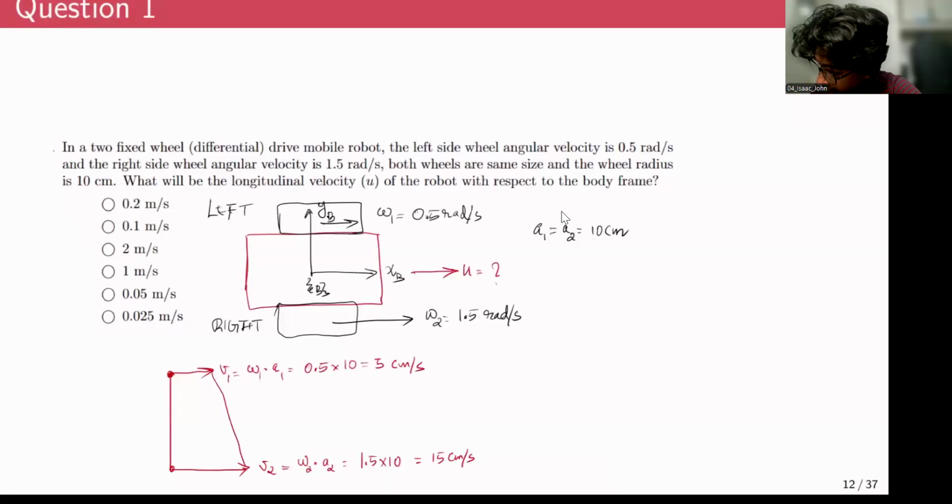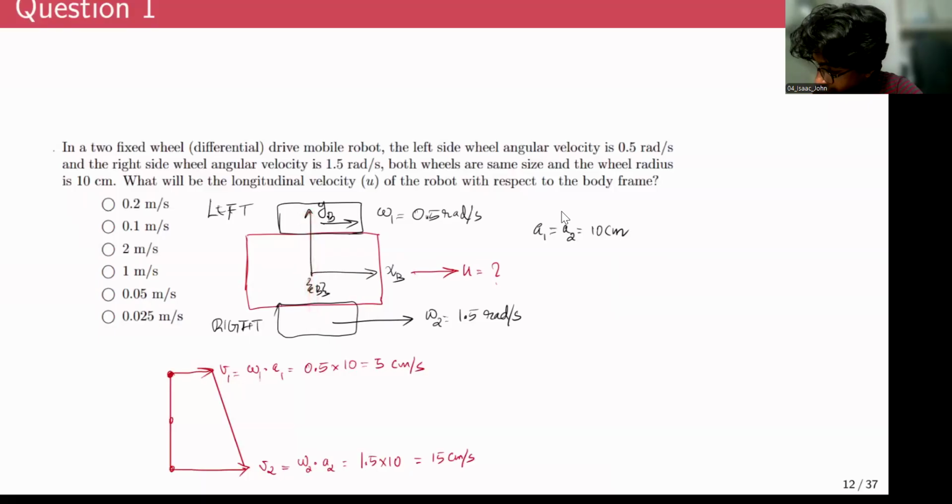So you can basically consider this to be a trapezium, where one side has the length v1, the other side has a length v2. You are required to find out the longitudinal velocity of the wheel with respect to the body frame of reference. So if you consider this line connecting the centers of the two wheels, the body fixed frame of reference is attached at the middle here, right?